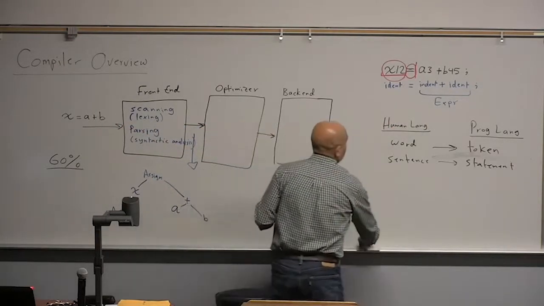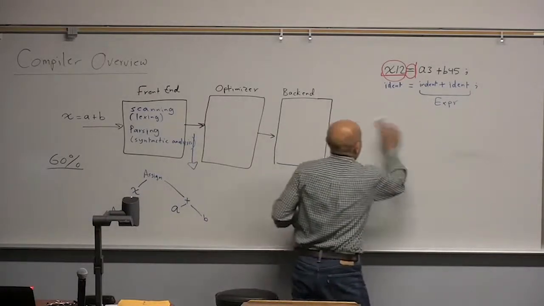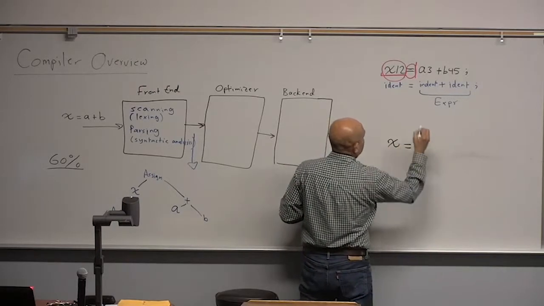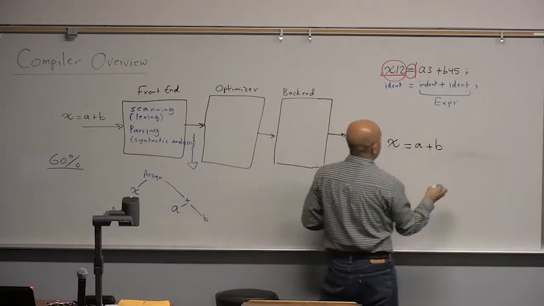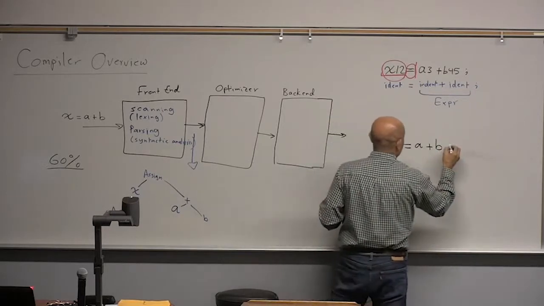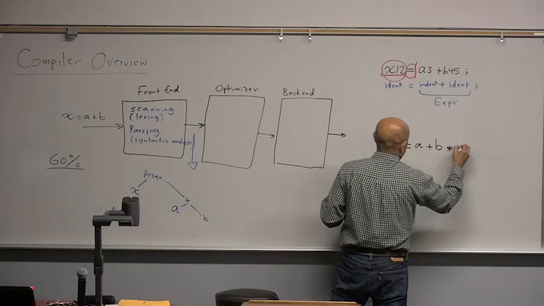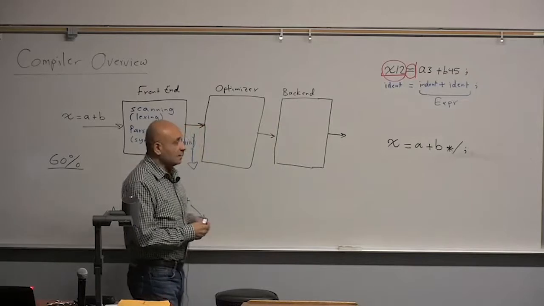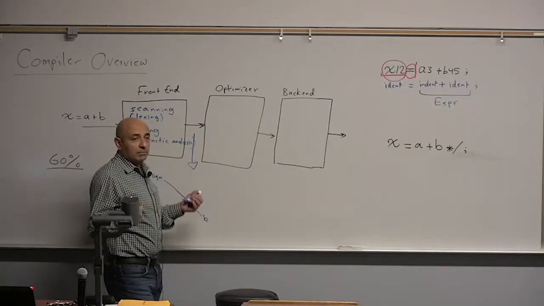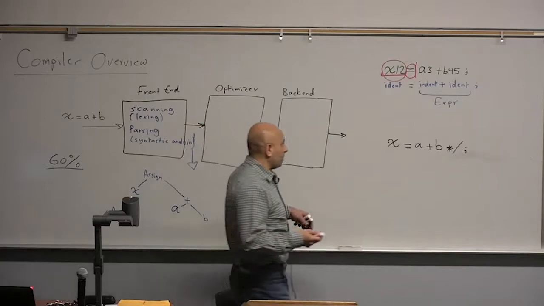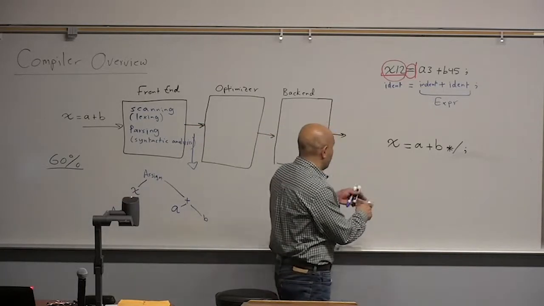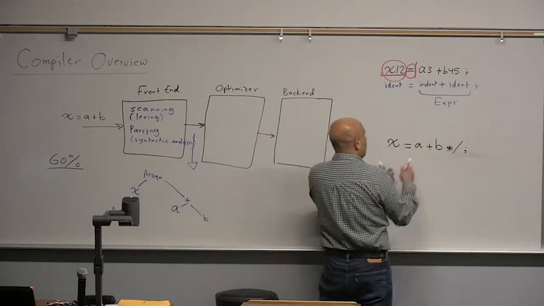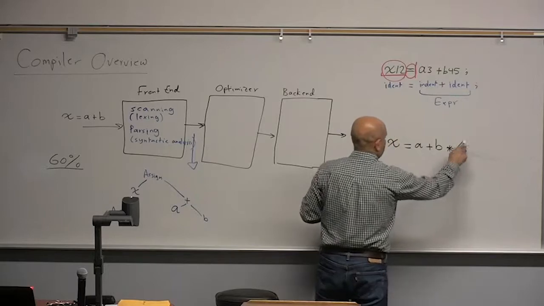But if we have something like, for example, x equals a plus b times divide, something like this, there will be no rule in the programming language, in the grammars for this programming language, that will allow you to have an expression that consists of a plus b times multiply and nothing.